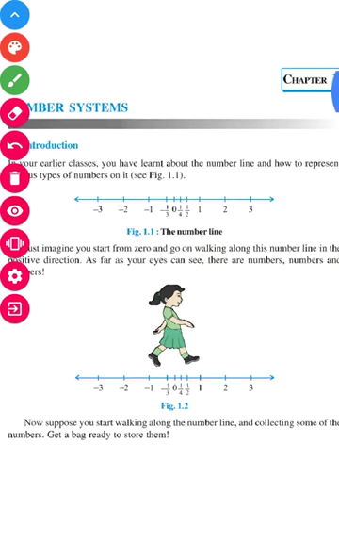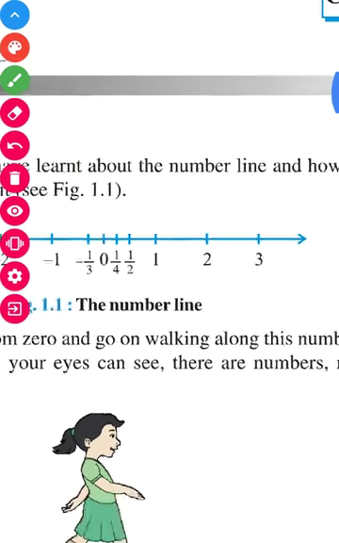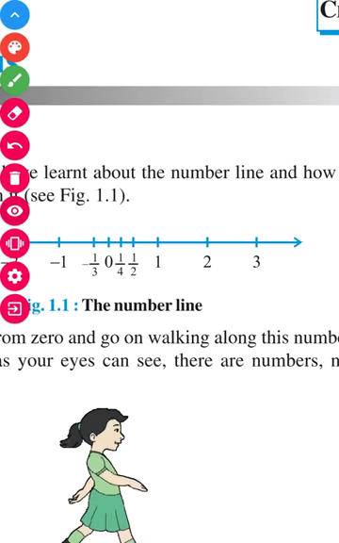Now let's see. Here we have 1. Can we not consider it in the rational numbers? Why not? We consider them. Here is 1. Here it is 2.